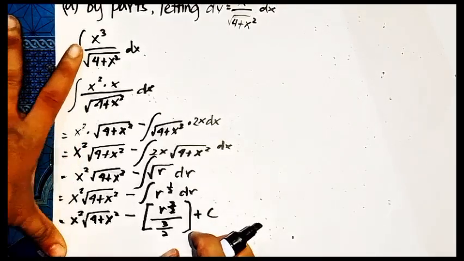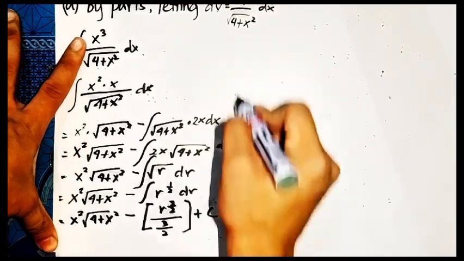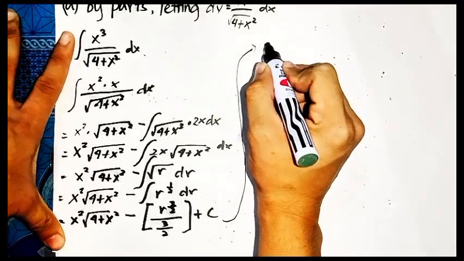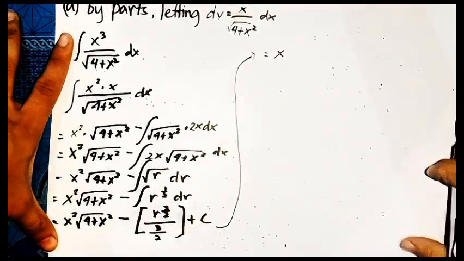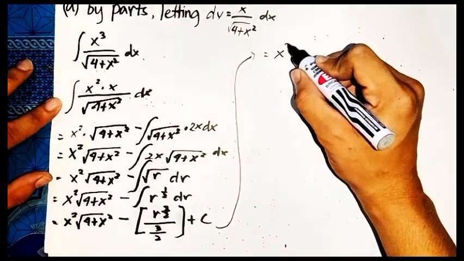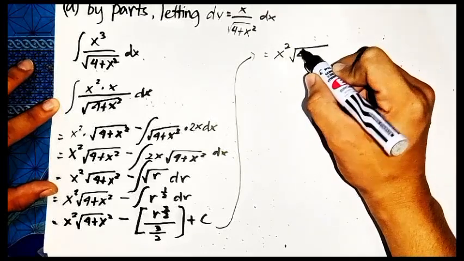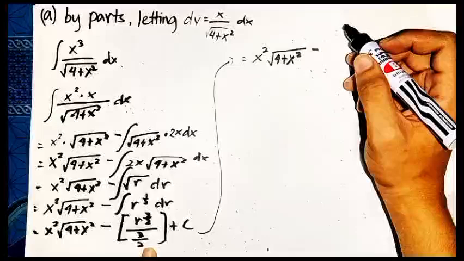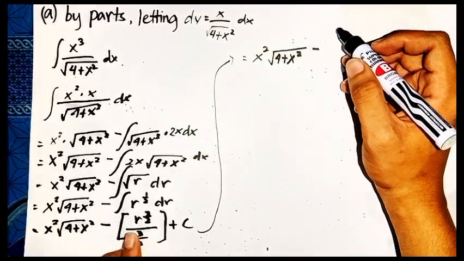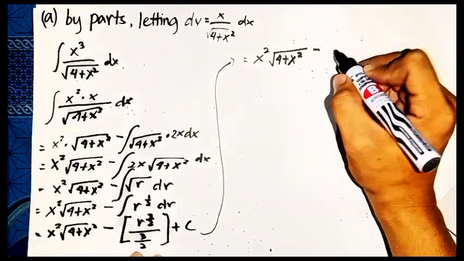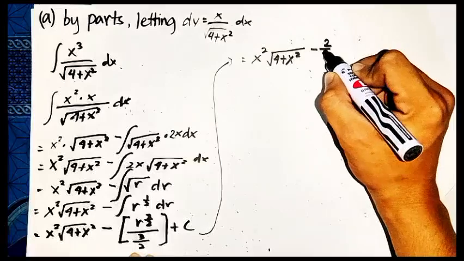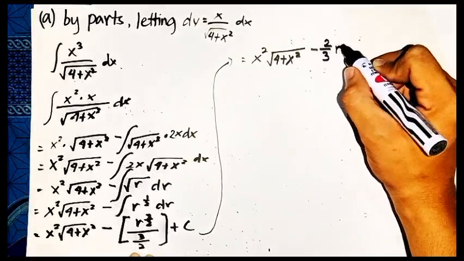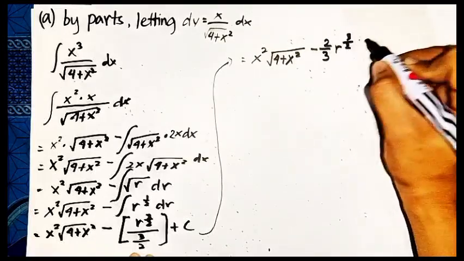Next, we copy again the x squared, square root of 4 plus x squared, minus, as you can see, 2 over 3. Let's put it in the numerator, but by its reciprocal, so 2 over 3 times r to the 3 over 2 plus c.